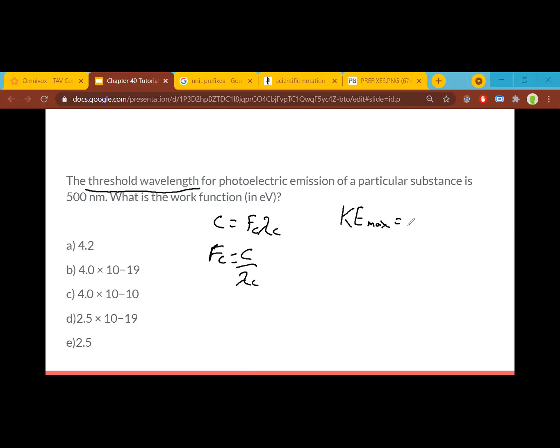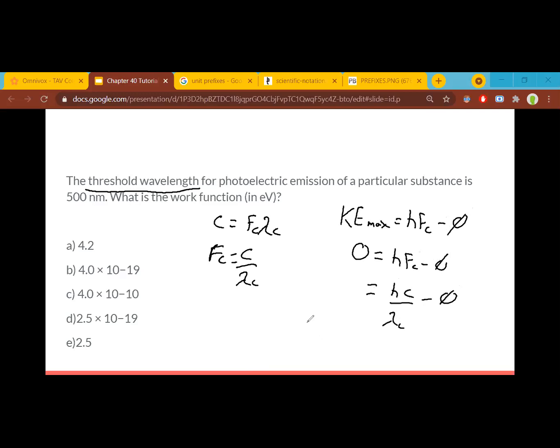So what I mean is, when you have the cutoff frequency, the kinetic energy is 0, the electrons just barely get ejected. And you're given a cutoff wavelength, so you can find the frequency, or you can just use the wave formula inside your equation here.